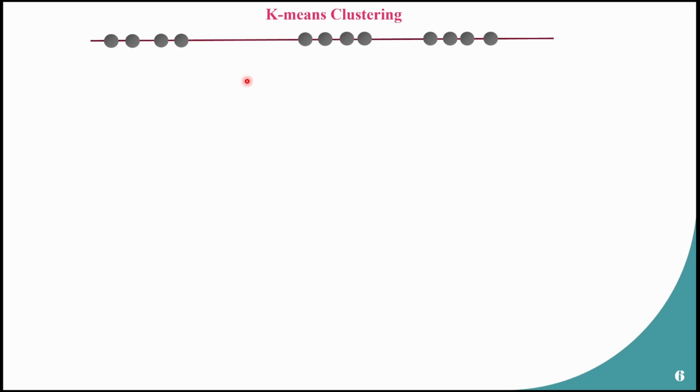Sir, it uses greedy algorithm for clustering purposes. If we want to have 5 clusters, for example, it assigns randomly the head of the cluster 1, 2, 3, and so on.